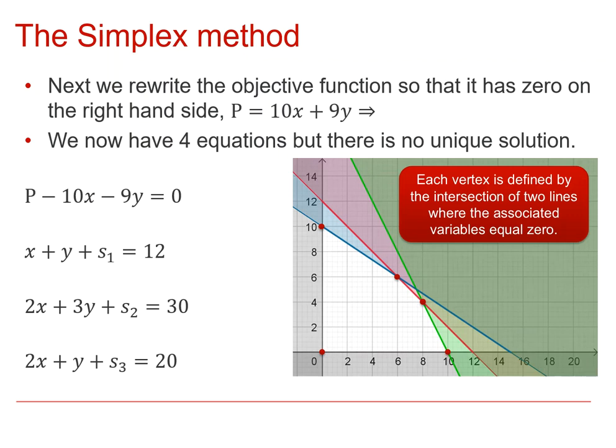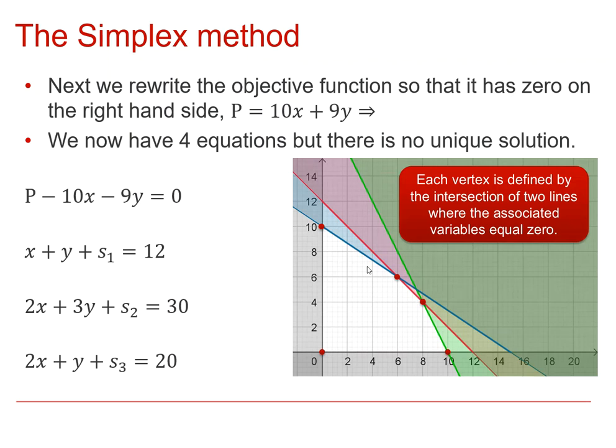Before we do that though, it's worth just pointing something out about what's happening graphically. So we can see where these vertices are. Turns out that each vertex, obviously the intersection of two lines, has the slack variables associated with those lines be 0.